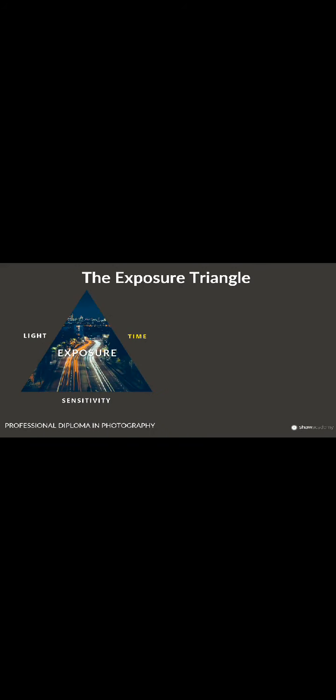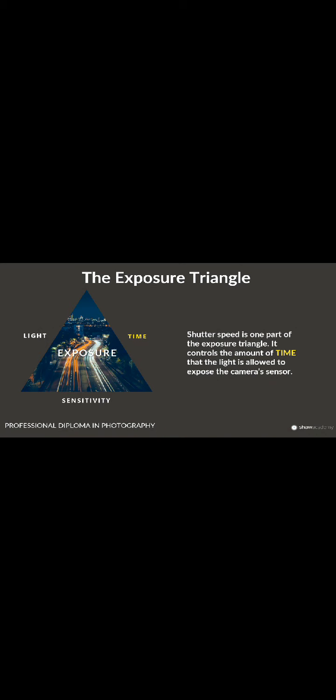Remember, going back to our very first lesson, we introduced the exposure triangle, and I have a very simplified version of this exposure triangle, which is just our light, our time, and our sensitivity, our ISO. And we're going to have a look at time. Shutter speed is one part of this exposure triangle.